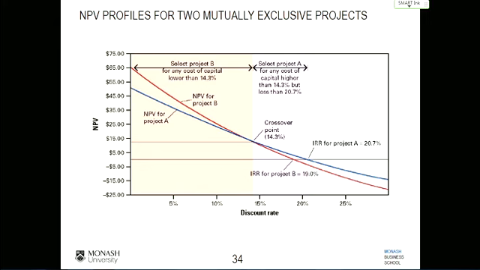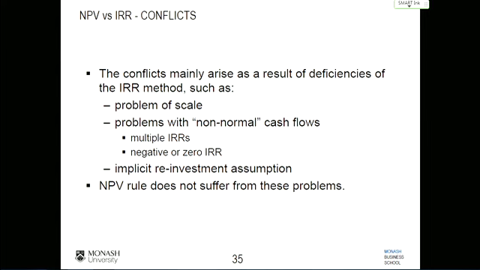So at least here you know that the two methods do not give you the same conclusion in every single case. It can give you a conflicting decision. And as I said to you, when there is a conflicting decision between the two methods, which one are we going to follow? NPV, right?